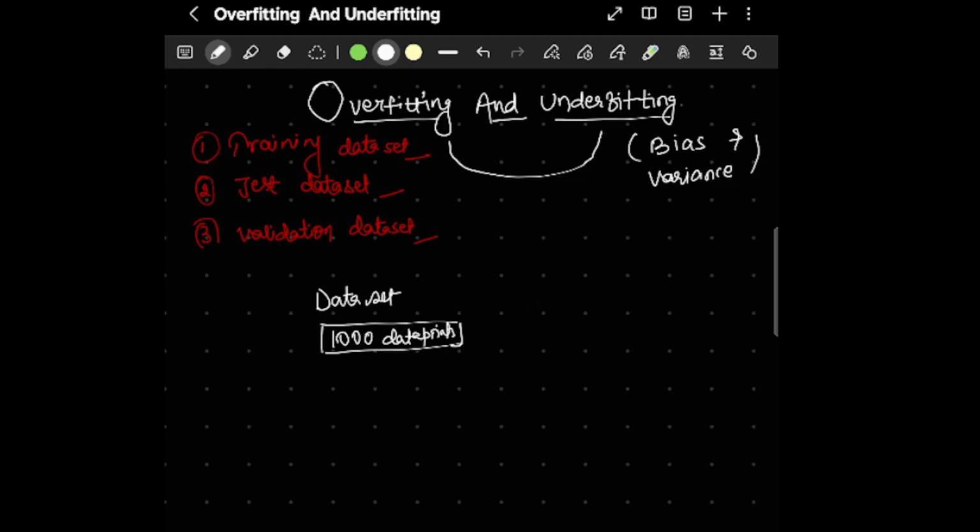Regardless of the number of features, suppose this is the entire data set available. You want to train the model on it. Let's say we have the data set and we are planning to train the model and also test the data set.